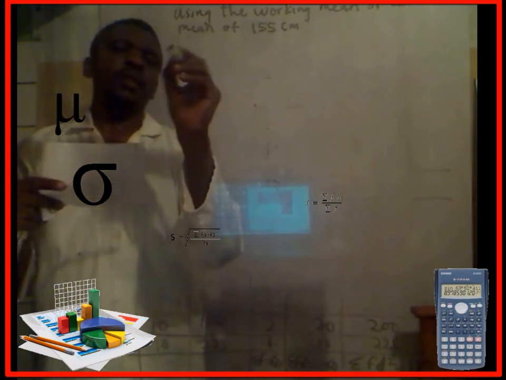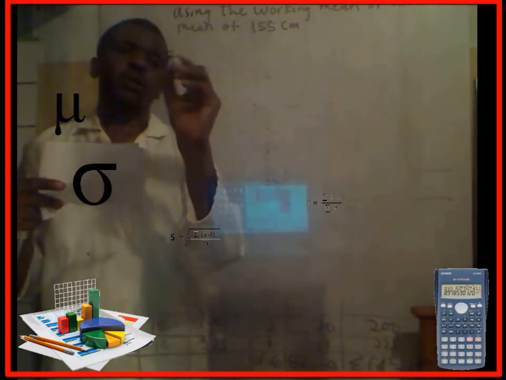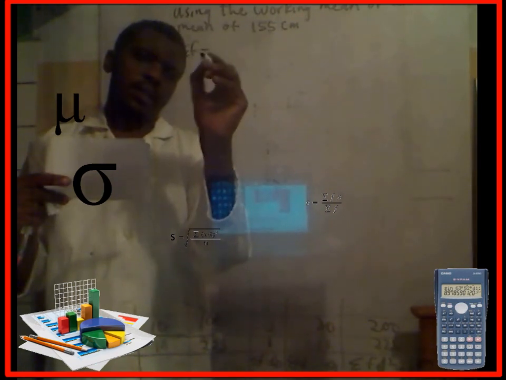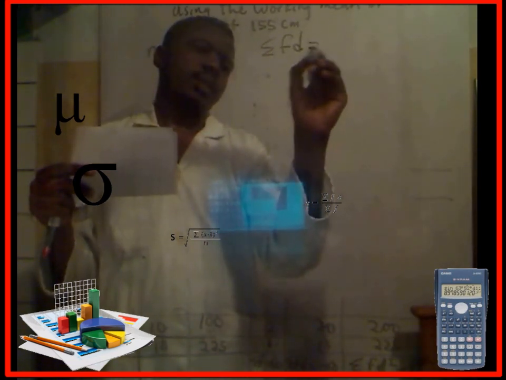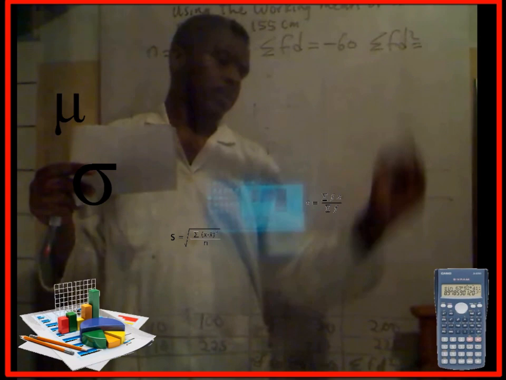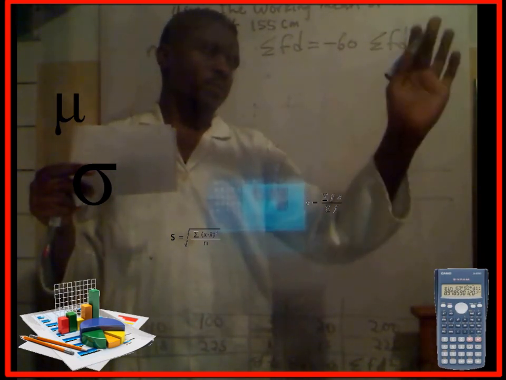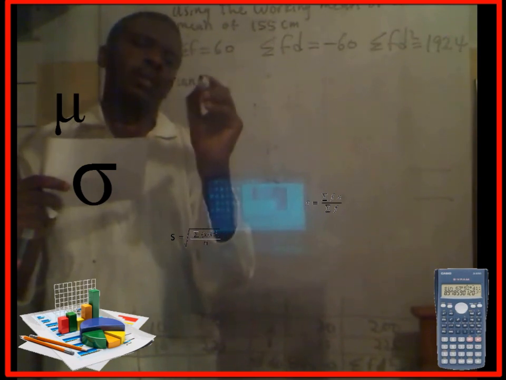So we see here that the summation of frequency, the number of scores, which is n, is equal to 60. The sum of the product between frequency and deviation is equal to minus 60. The sum of the product between frequency and deviation square is equal to 1924.